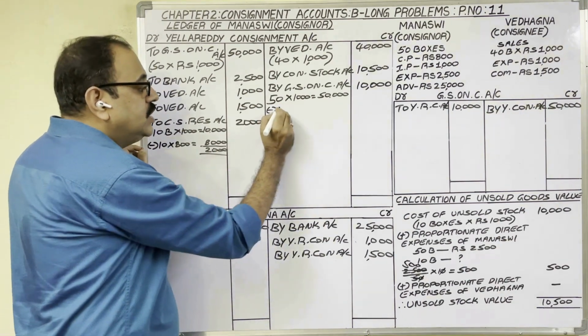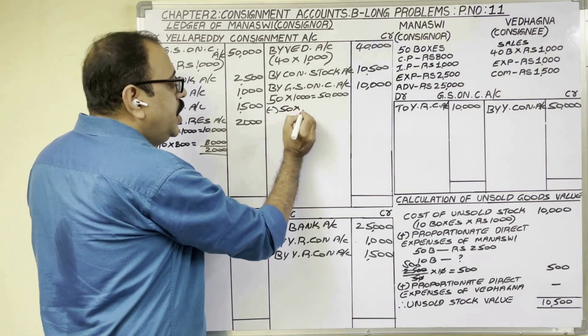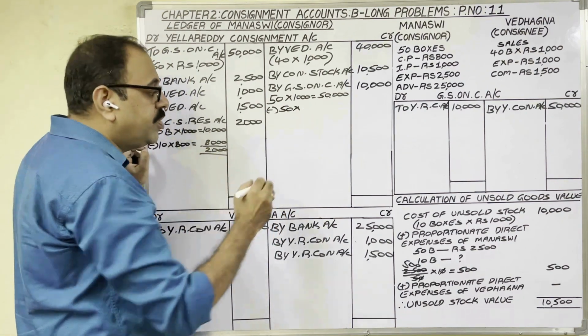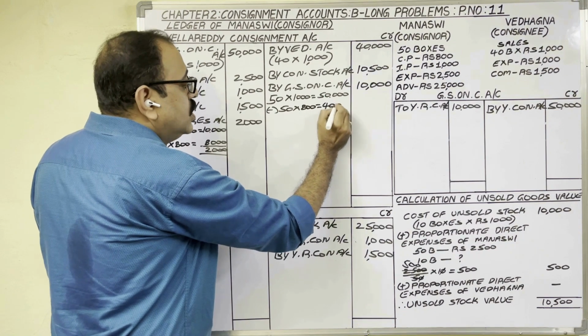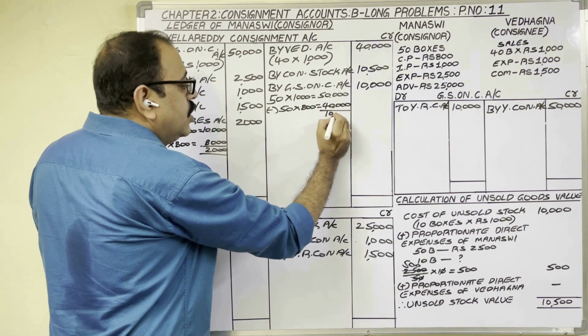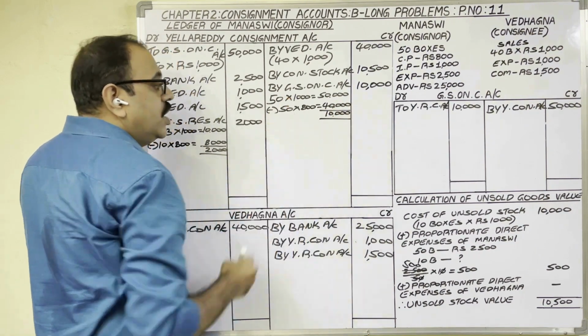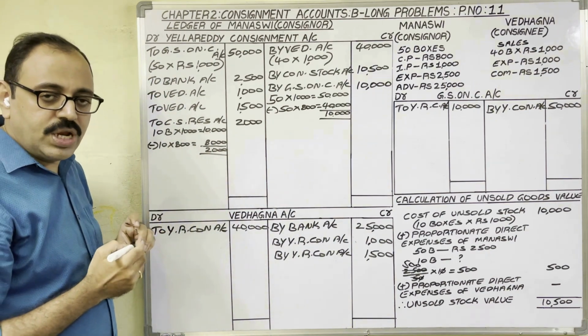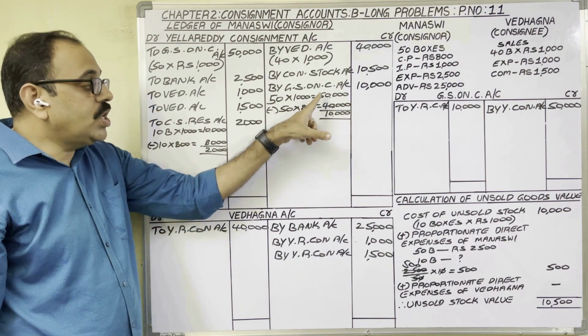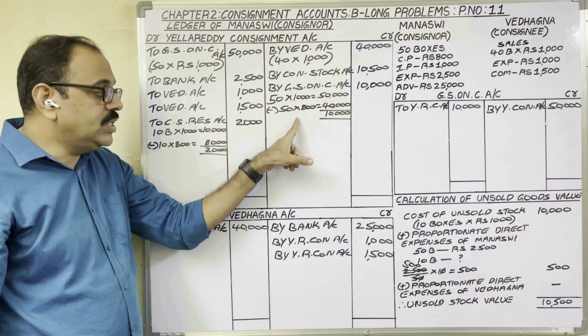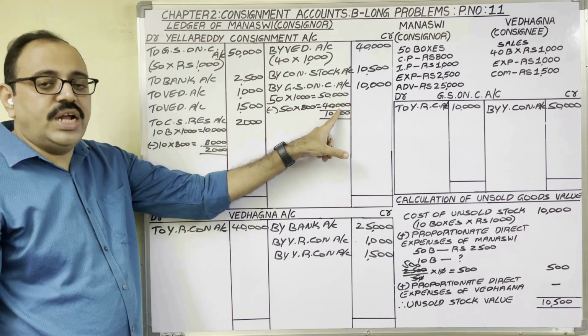Total goods sent on consignment 50 boxes into 1 box cost price of 800 rupees is 40,000. Difference 10,000. These two calculations you can show in the consignment account only. Like a formula you can remember: invoice price of total goods sent minus cost price of total goods sent.